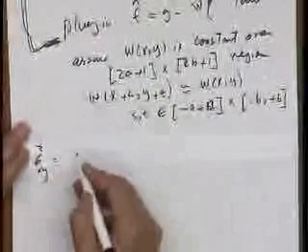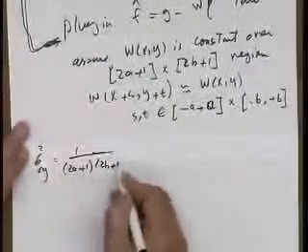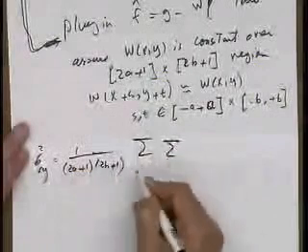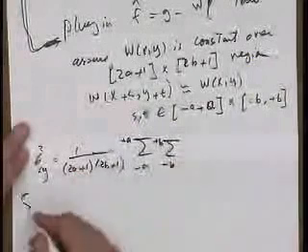variance. Sigma squared of x comma y is 1 over (2a plus 1)(2b plus 1), two summations, minus a to plus a, minus b to plus b, of the following thing squared.